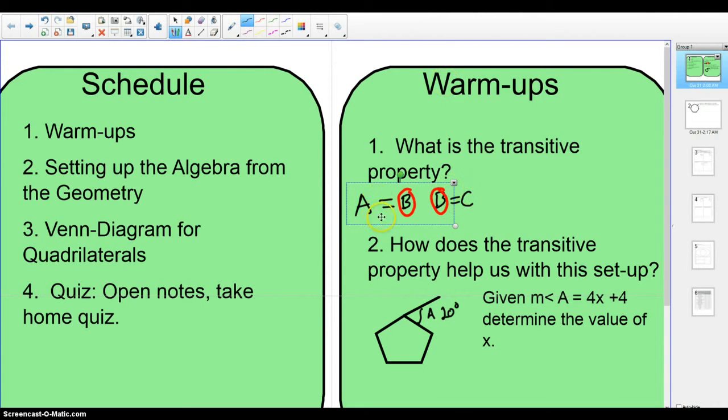So this would translate to A equals C. And this will be true anytime that you have two equalities that share one of the values.